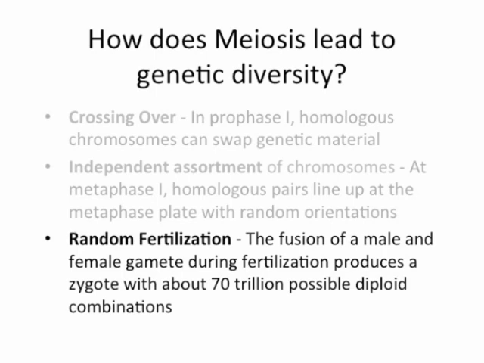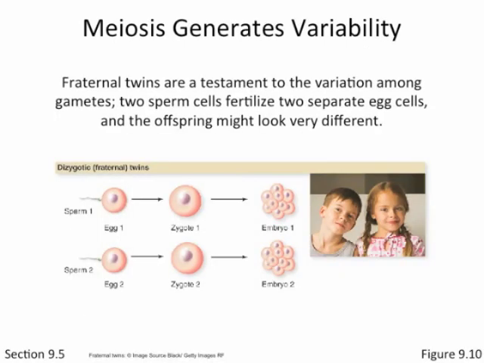So kind of a testament to this are fraternal twins. Fraternal twins are 2 sperm cells, 2 egg cells, fertilized, and you can have a male and a female. So this means one of the sperm had an X and one had a Y and produced a male and a female offspring.